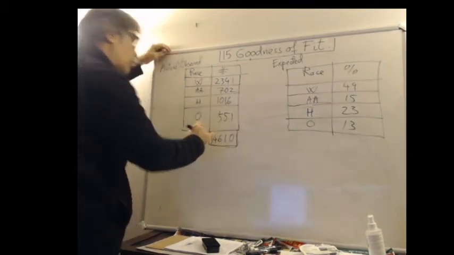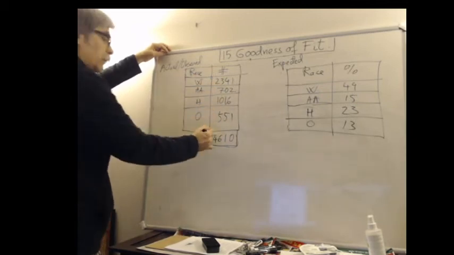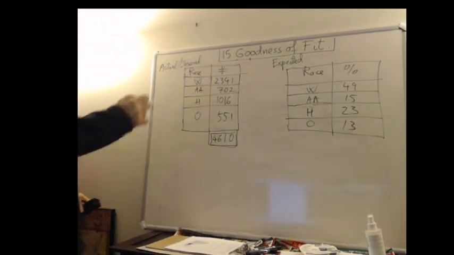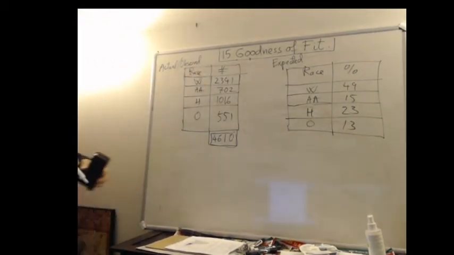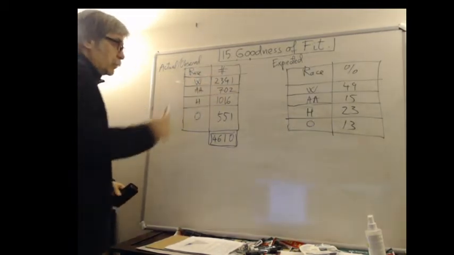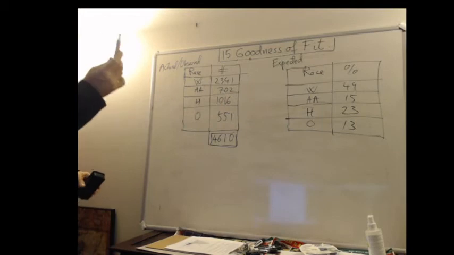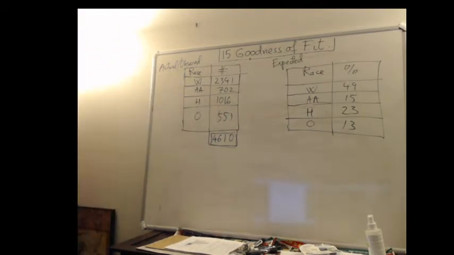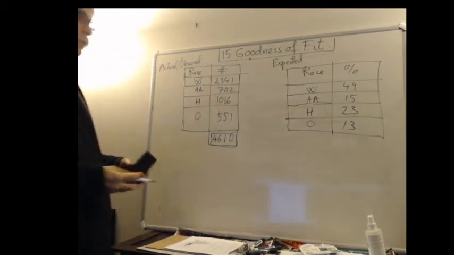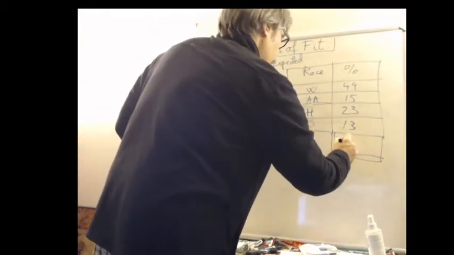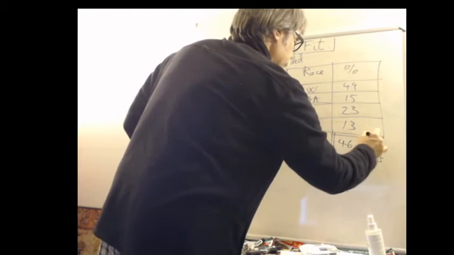That's your total here. 4,610 people in a community college. Out of those, 2,341 are white, 702 are African Americans, Hispanics are 1,016, and everybody else is 551.